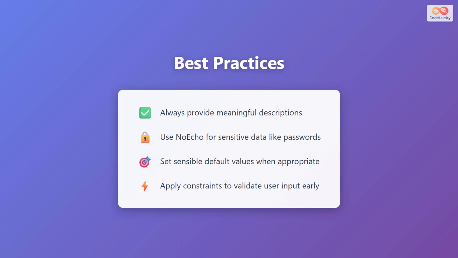Set sensible default values when appropriate to make your templates easier to use while still allowing customization when needed. Finally, apply constraints to validate user input early in the process. This catches errors before any resources are created, saving time and preventing failed deployments. Following these practices will make your CloudFormation templates more robust, secure, and user-friendly.